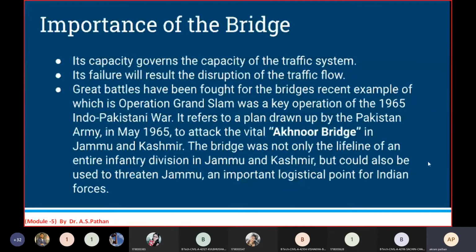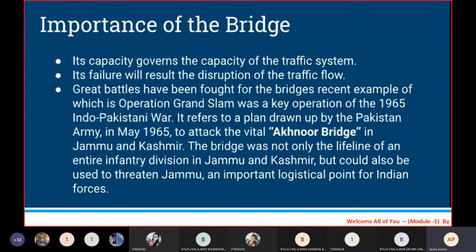So whenever there are obstacles, we have to construct good bridges for the purpose of transportation also. So basically it strengthens the economy of nations also.